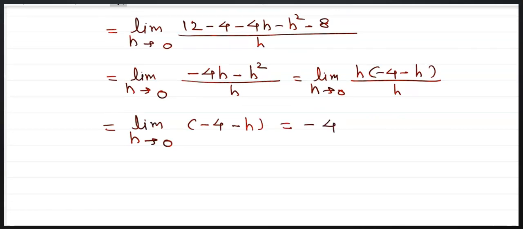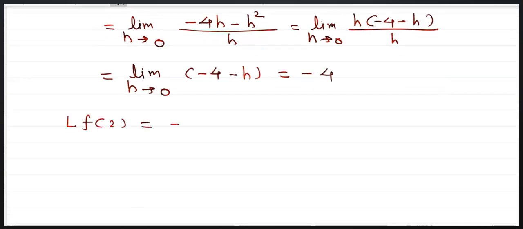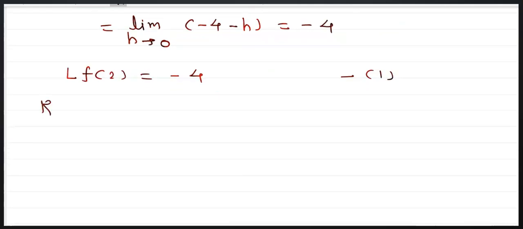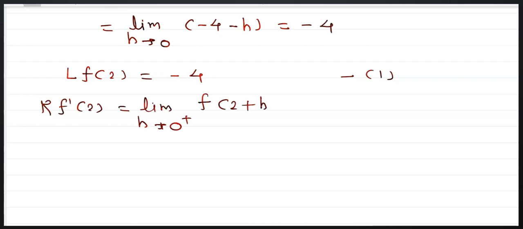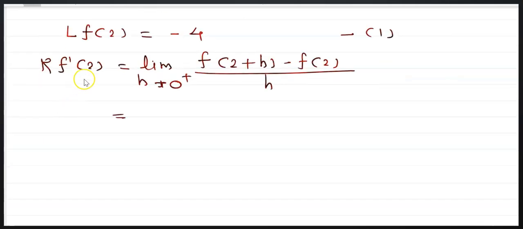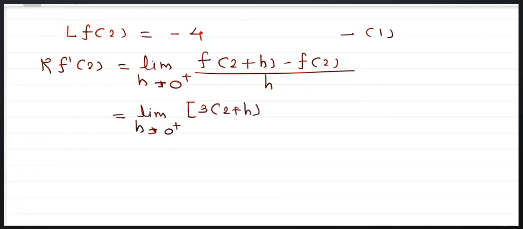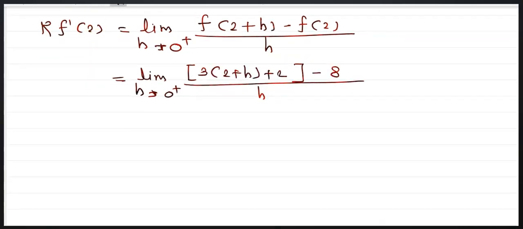This is the left hand side differentiation, that is f dash. I forgot to write the dash. That is the right hand side differentiation, that is the right hand side limit.